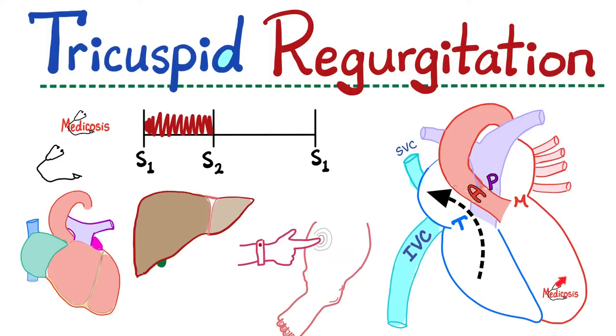Welcome back to my cardiology playlist. In previous videos, we talked about angina and myocardial infarction. We discussed the different types of shock, such as cardiogenic shock, hypovolemic shock, obstructive shock, septic shock, anaphylactic shock, and neurogenic shock. We talked about the cyanotic congenital heart diseases and acyanotic congenital heart diseases.